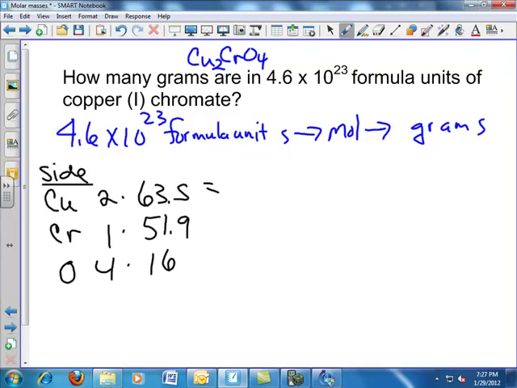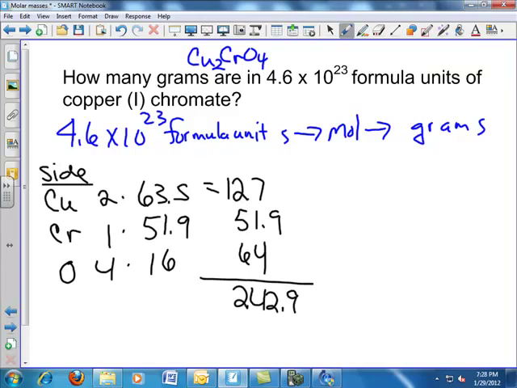So I have my molar mass here of 2 times 63.5 is 127. 1 times 51.9 is 51.9. And 4 times 16 will be 64. So I'll add those up. And so that's 242.9 grams per mole. So I have my molar mass.